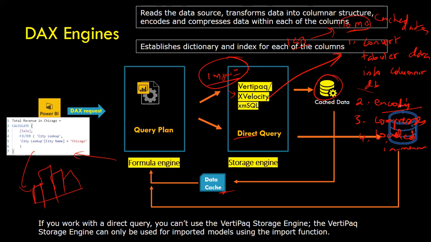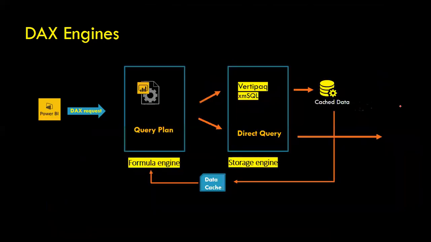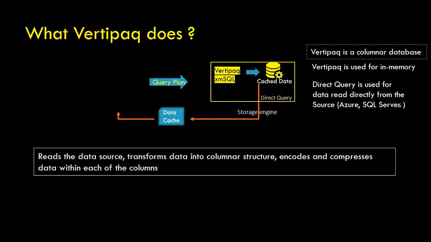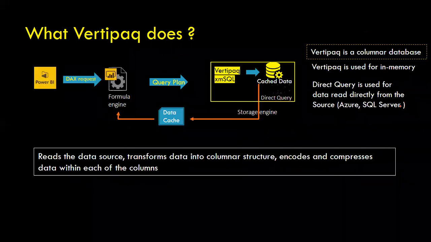By doing the encoding, the data volume and storage get reduced. On top, it does the compressing, and then it loads the compressed data into memory. Hence, the performance is much faster because of the Xvelocity.